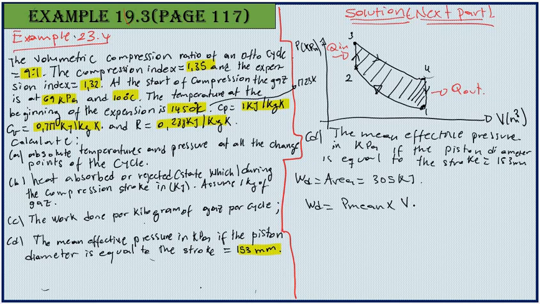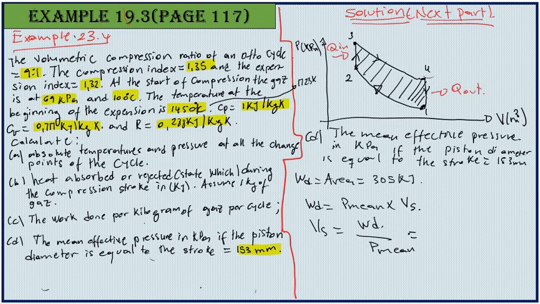The swept volume is symbolized by Vs. From this relation I can make Vs subject of formula: Vs is equal to the work done divided by the mean pressure.